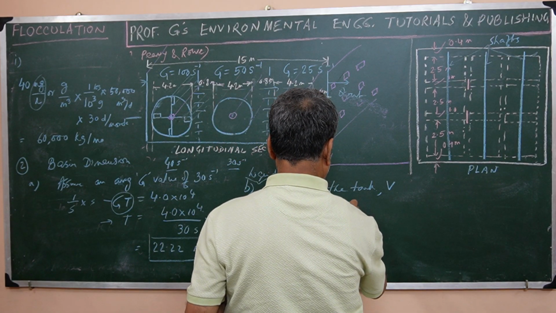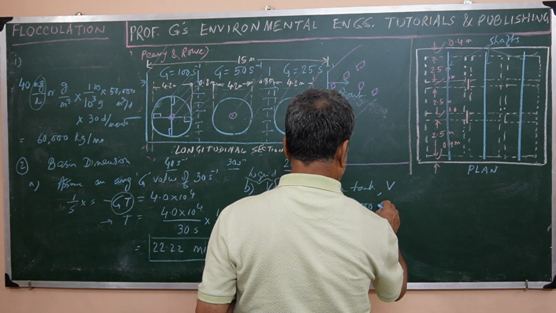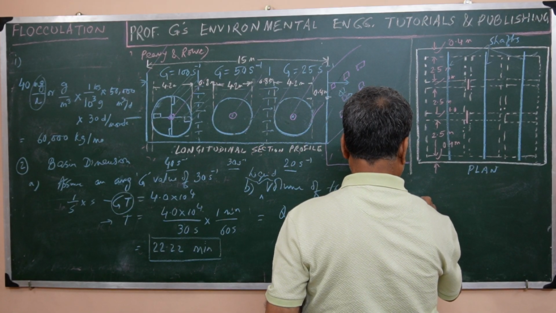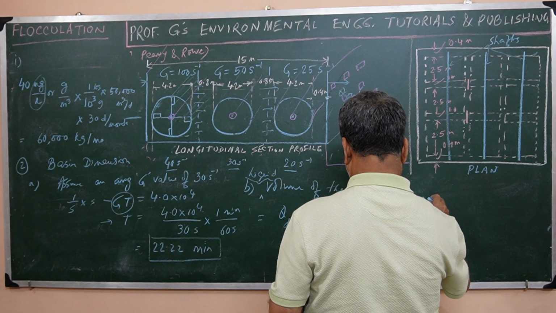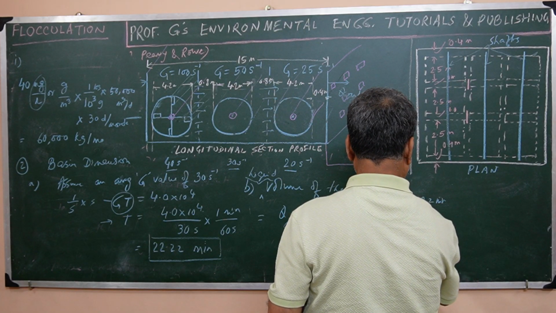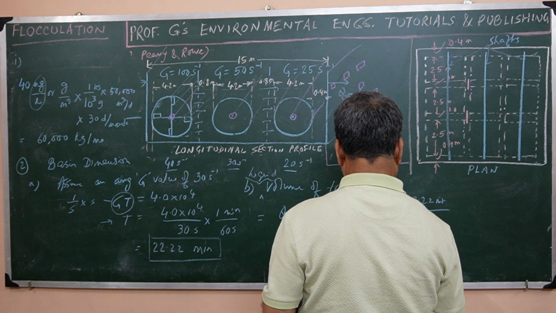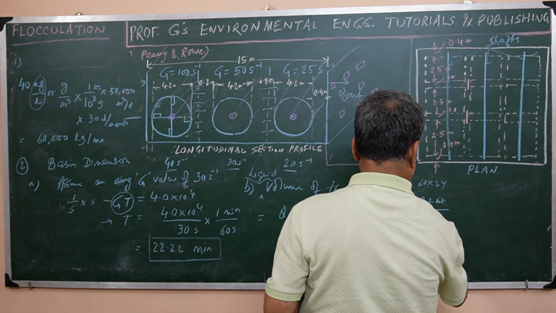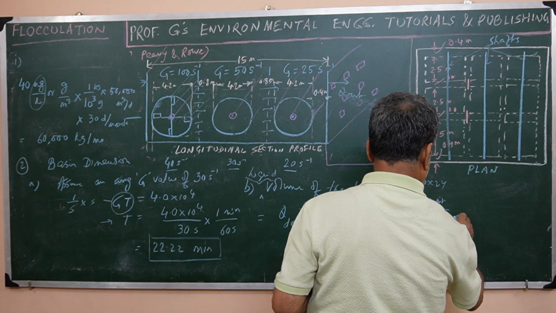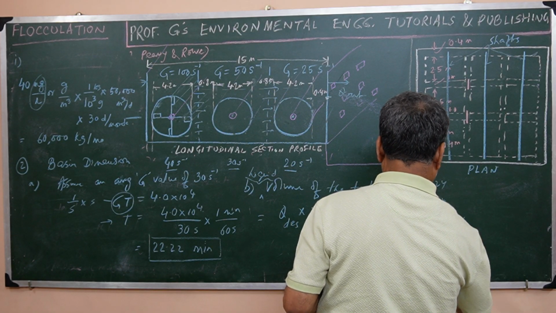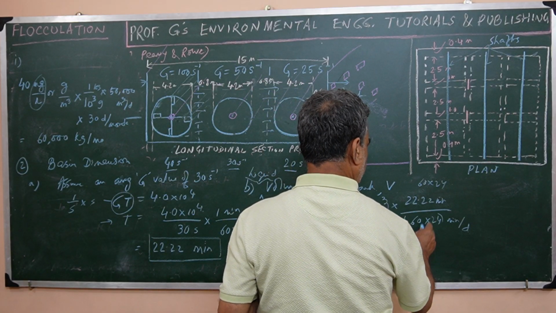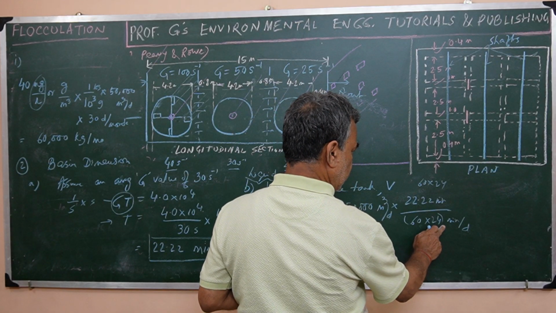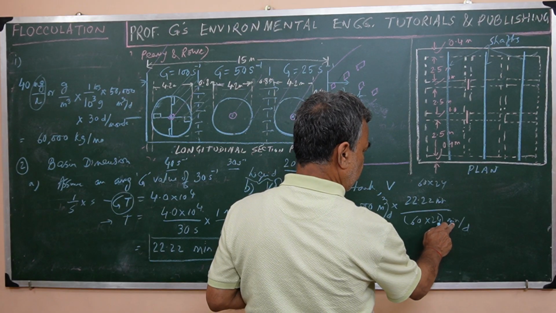So Q design is stated 50,000 meter cube per day into that 22.22 minute divided by 1440, that is 60 into 24. So 60 into 24 minutes is in a day also. Okay, if we write like that, always try to write like that. That means this many minutes make a day, or one day is equivalent to 60 into 24 minutes.